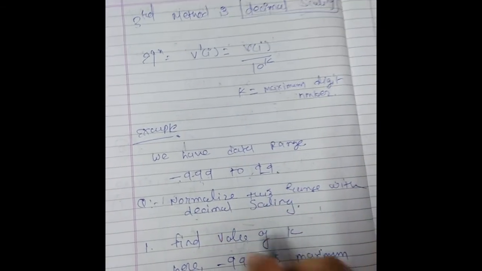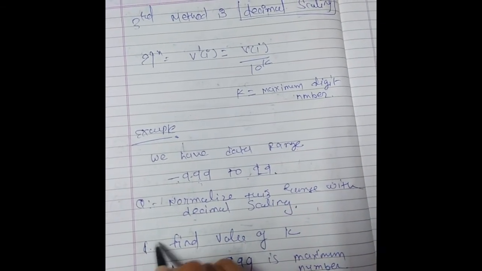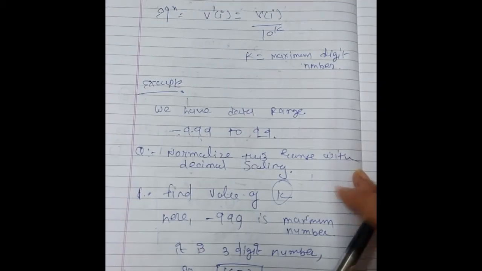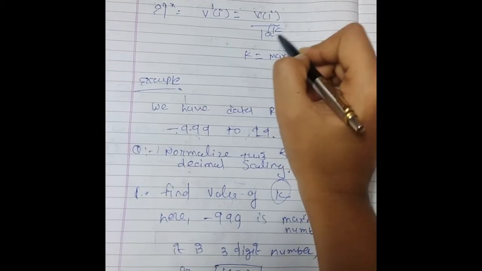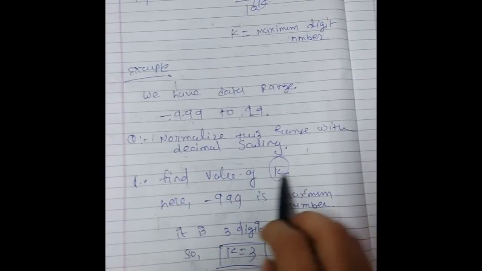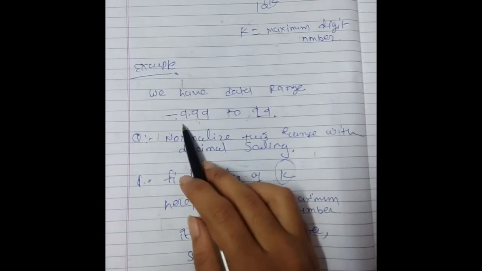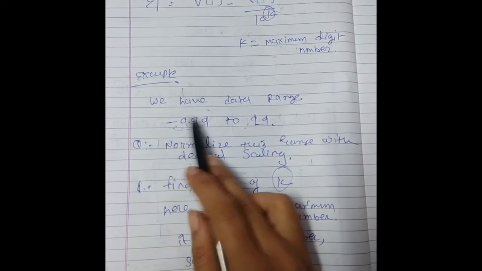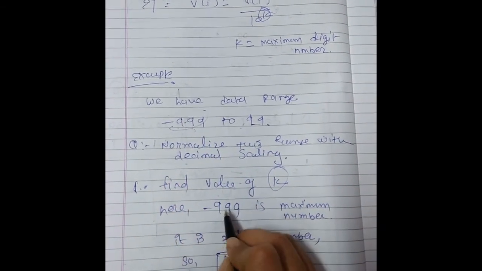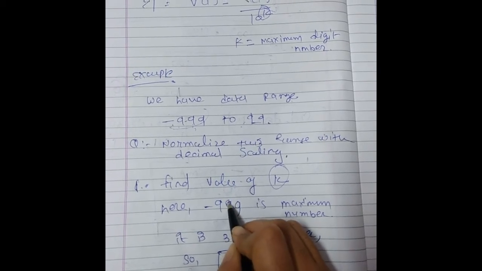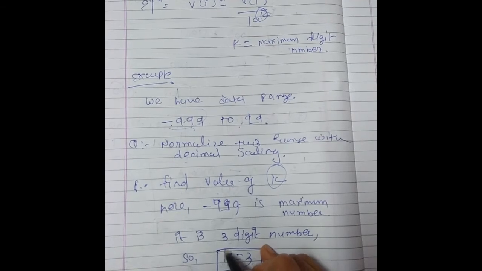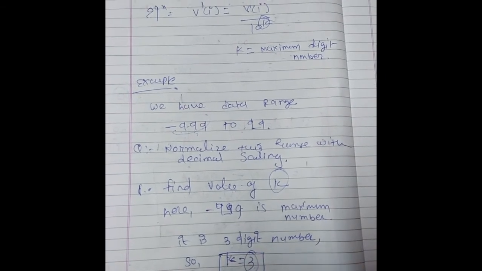The first step is to find the value of k, because k is unknown in our equation. Take the maximum value from that range. Here the maximum value is minus 999, which is a 3-digit number, so the value of k equals 3.